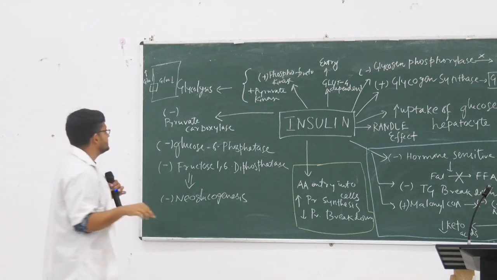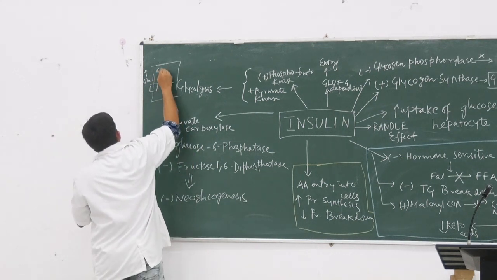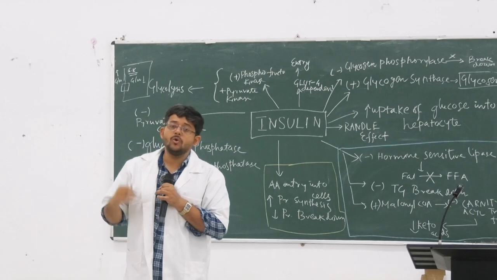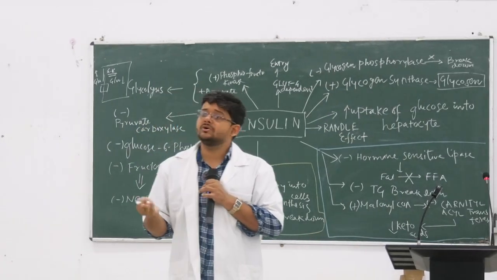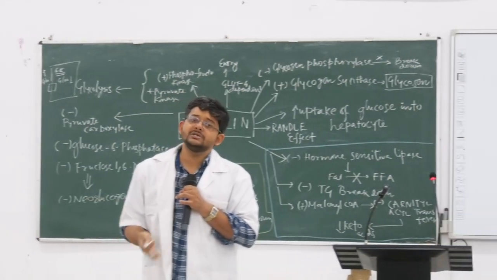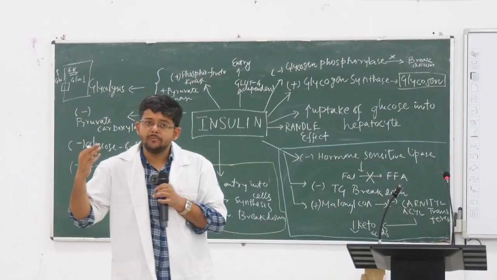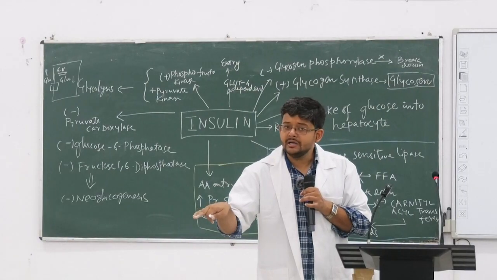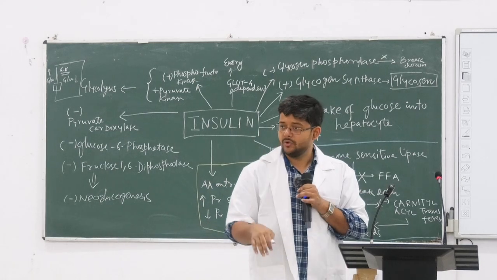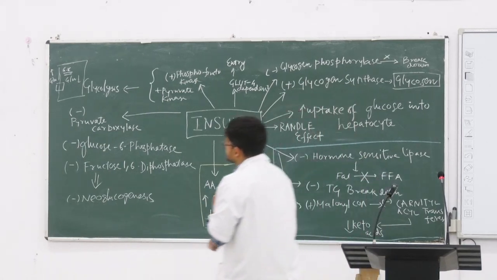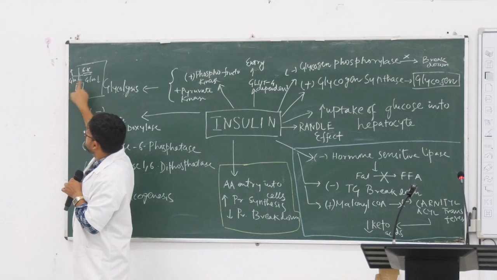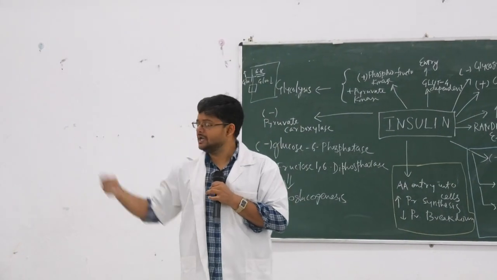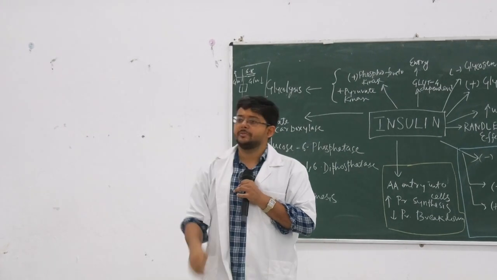Insulin's action is on glucokinase, and what does glucokinase do? It increases glycolysis. Glucokinase will break down glucose. So the more glucokinase works inside the hepatocyte, the glucose level will go down. And as that is happening, the cellular glucose gradient is high, so glucose from blood will get into the hepatocyte.